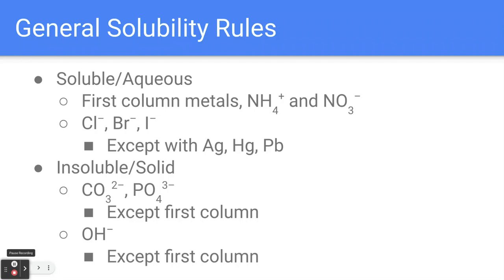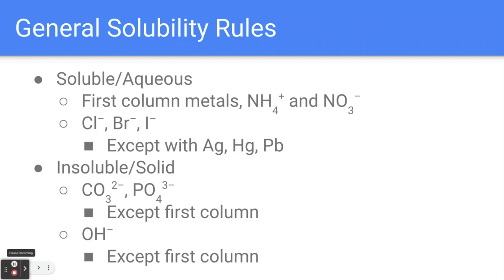Your chloride, bromide, and iodide are typically always going to be soluble as well, with the exception of silver, mercury, and lead. So for the most part, first column metals, ammonium and nitrate are always soluble or aqueous.